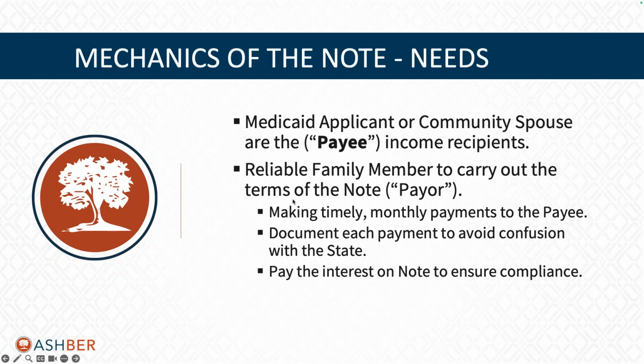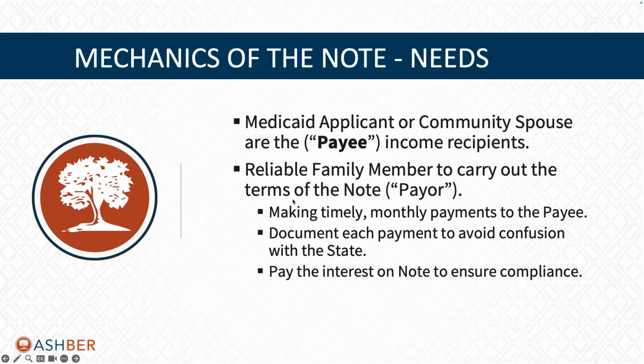So quickly, the mechanics of the note: the payee is either going to be the Medicaid applicant or the community spouse, depending on the case. And then the payor of the note is typically a reliable family member who is required to carry out the obligation. Essentially, they are assuming the role that the insurance company otherwise assumes with an annuity.